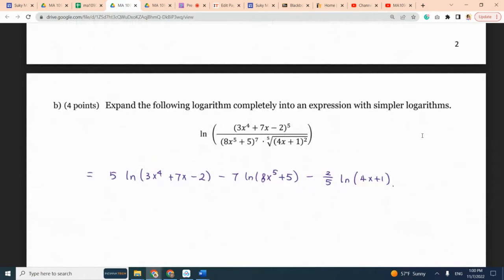And here, how do we expand it? We can expand it, right? If that factor is in the numerator, we add them. If the factor is in the denominator, we subtract them, right? And then the exponents, we can move it in front.